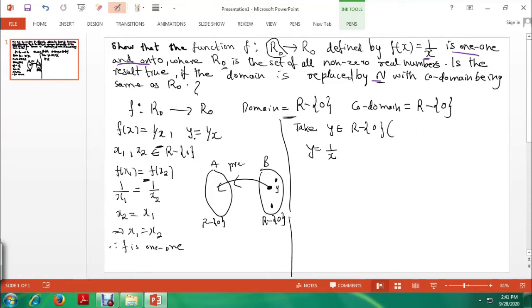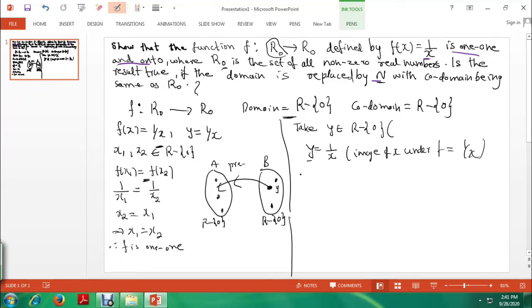Because see, we defined y is equal to 1 by x. F of x equal to 1 by x. What is y? Meaning image of x under f is equal to 1 by x. If you take any element here, okay, from the set A, image must be in the form 1 by x, that is y.